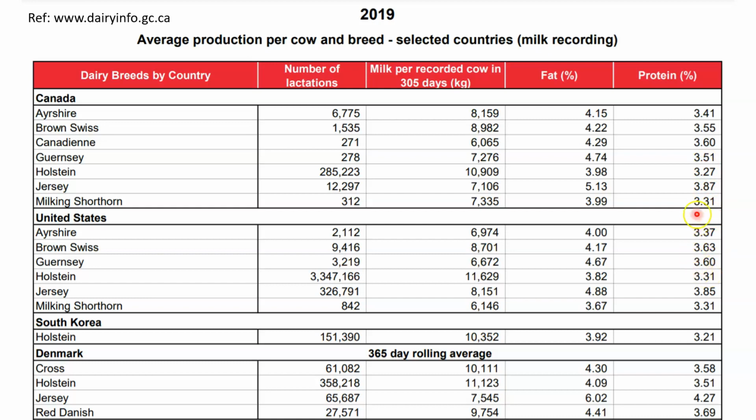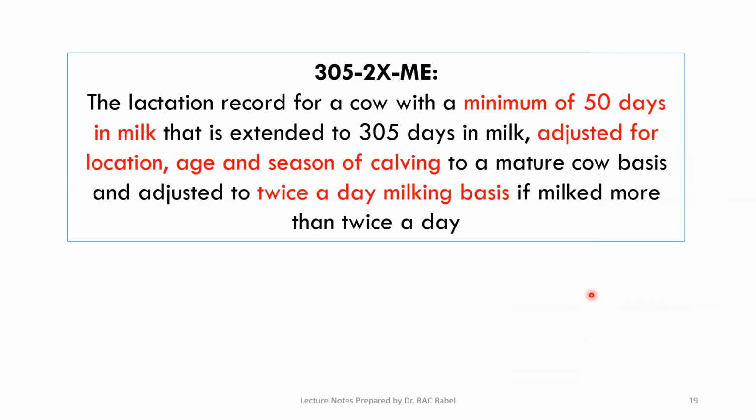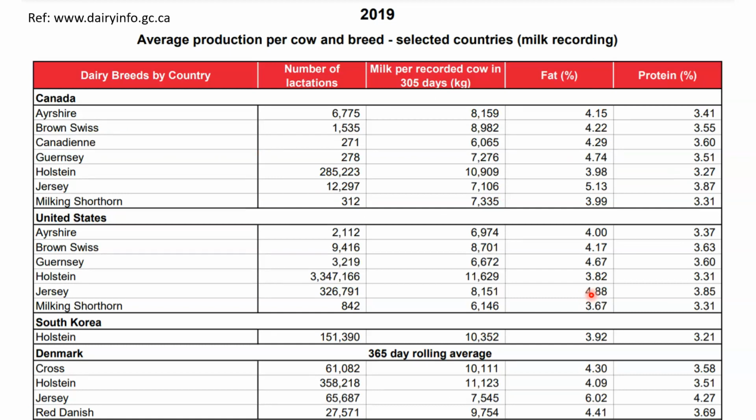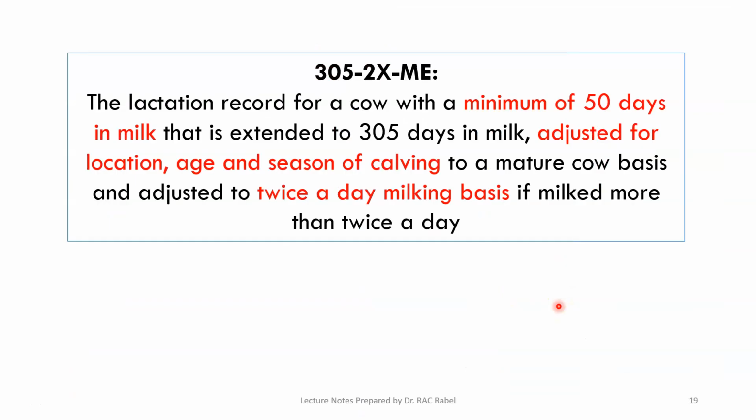I'm expecting somewhere around 3.3 to 3.5. Similarly with fat, if I ask you Jersey versus Holstein Friesian, you should be able to give me an acceptable answer. Okay, I hope all that is clear, and I hope whoever did not do the previous calculation of protein yield plus fat yield per liter per day will be able to give me a decent answer after looking at this slide.